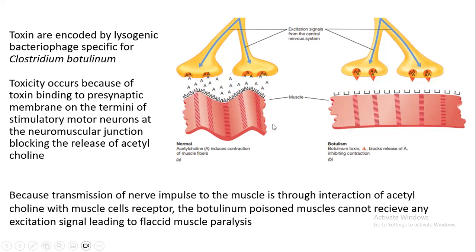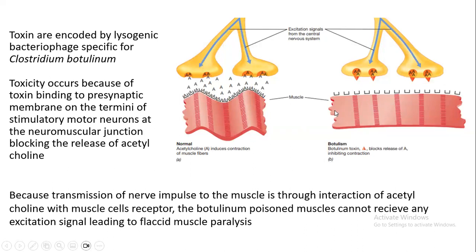Now, in this disease that is known as botulism, the excitation signal is still there from the central nervous system, and in response the neuron is supposed to release acetylcholine. However, because of the presence of the toxin, it will bind to the neuron and inhibit the release of acetylcholine.